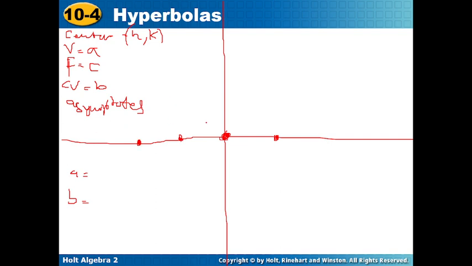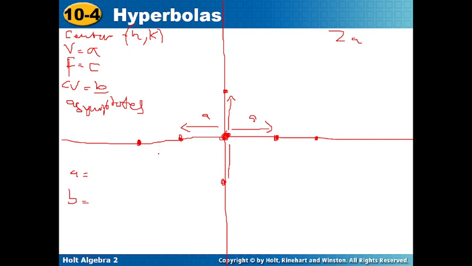Let's just say this is your co-vertices. Okay, so the value coming from the center up until your vertices has the value of A. In total, you have 2A, correct? Coming from the center to the co-vertices, you have B, correct?